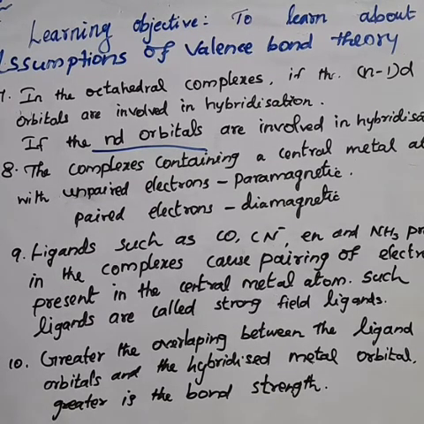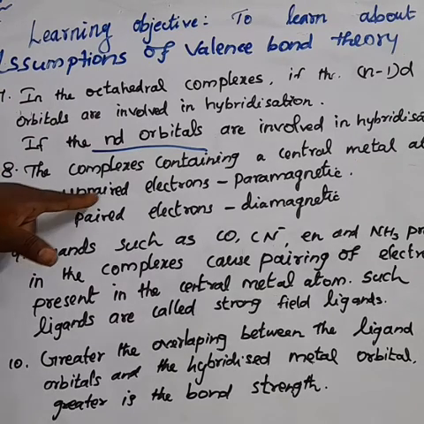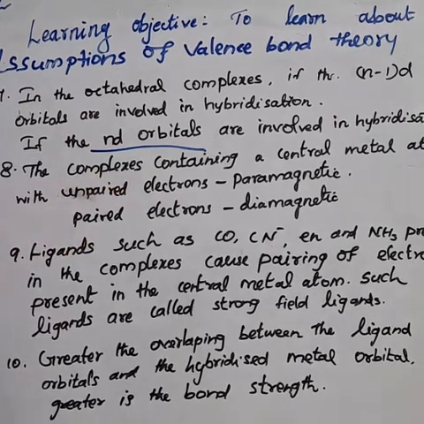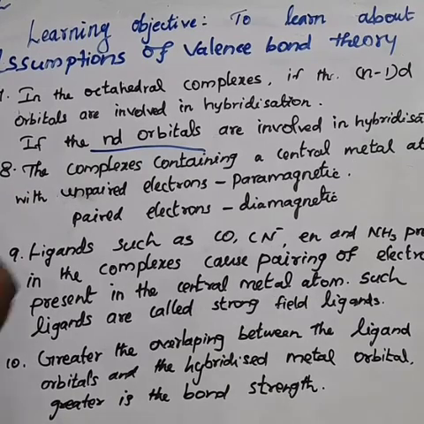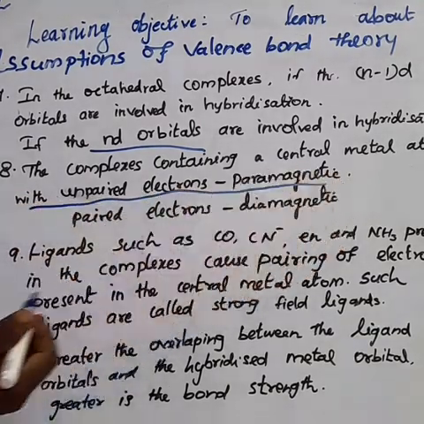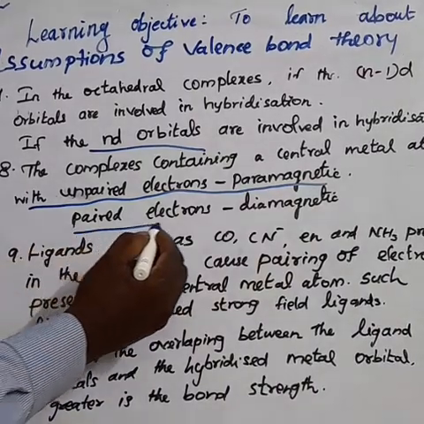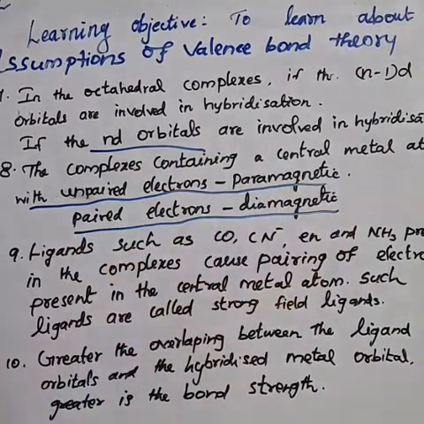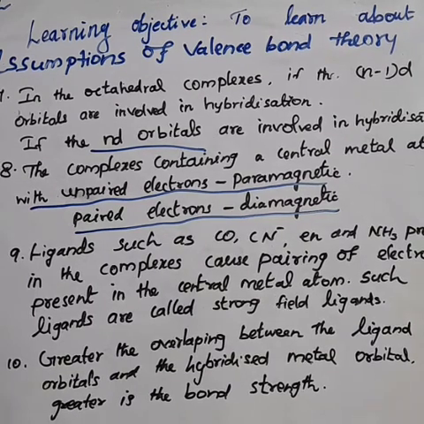What is the 8th point? A complex containing a central metal atom with unpaired electrons is called paramagnetic. A complex with all electrons paired is called diamagnetic. The 8th point is also very important.